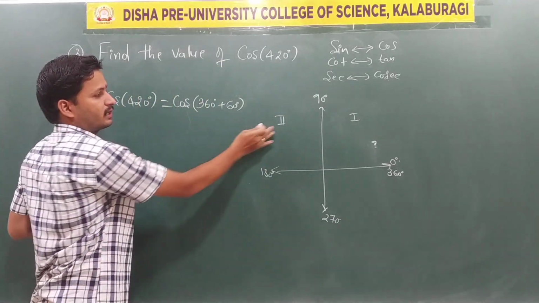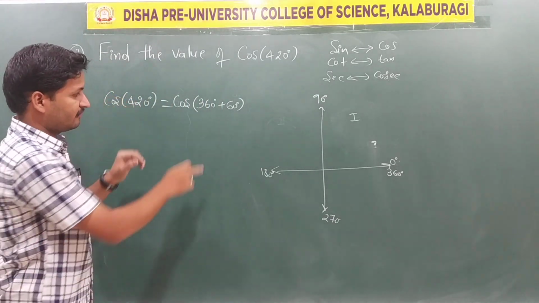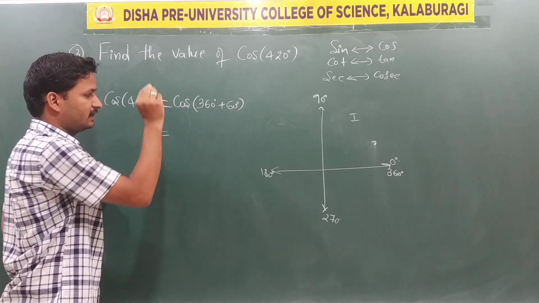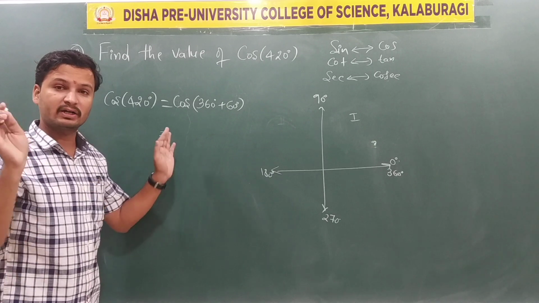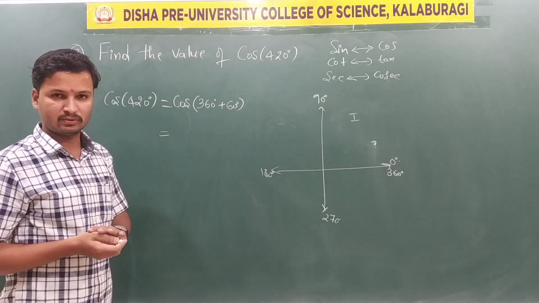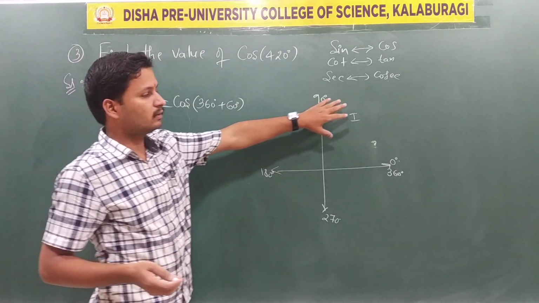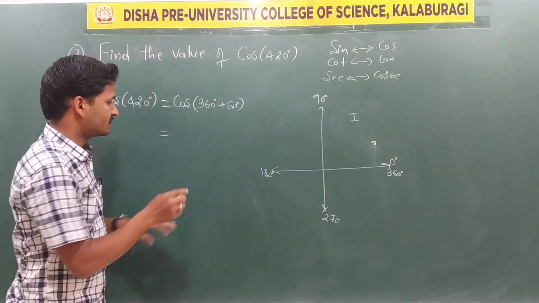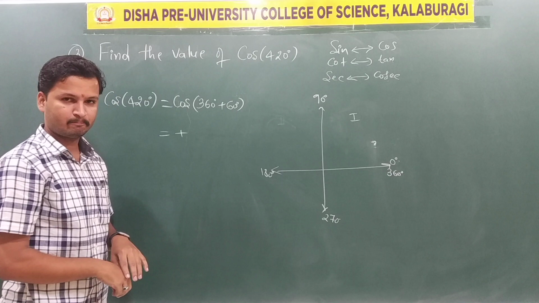So in the first quadrant, whether cos function is positive or negative? Definitely in the first quadrant all trigonometric functions are positive. So cos function is also positive. Take plus sign.